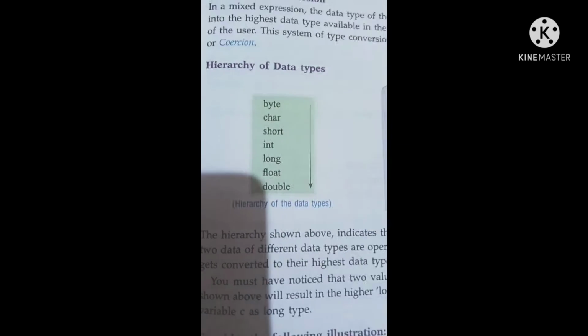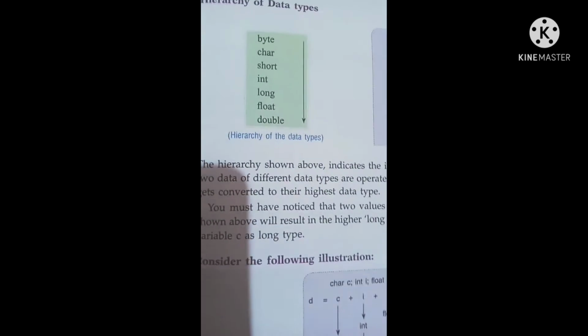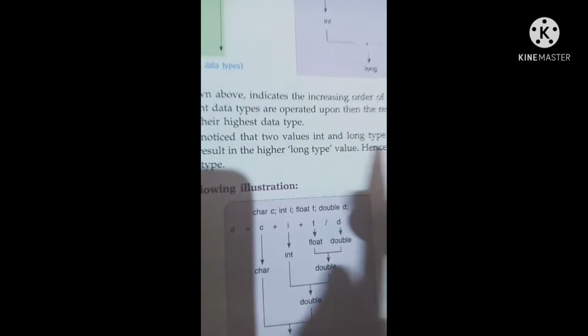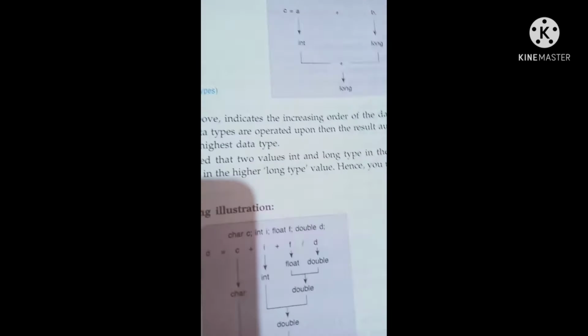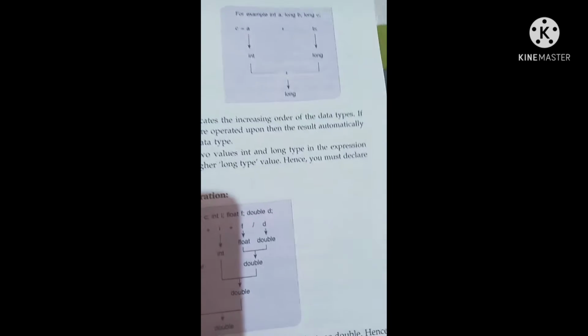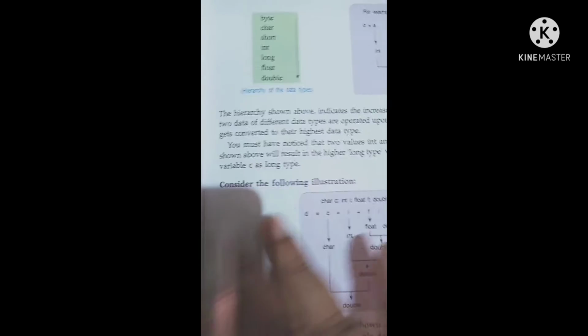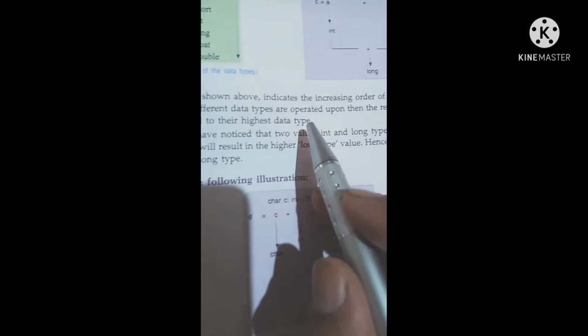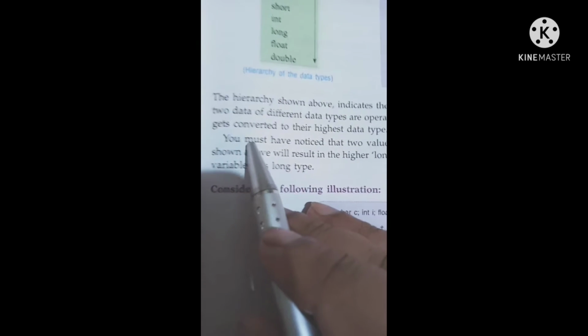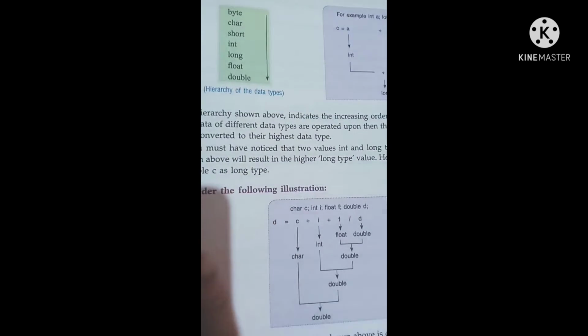Now the hierarchy shown above indicates the increasing order of the data types. If two data of different data types are operated upon, the result automatically gets converted to the highest data type.